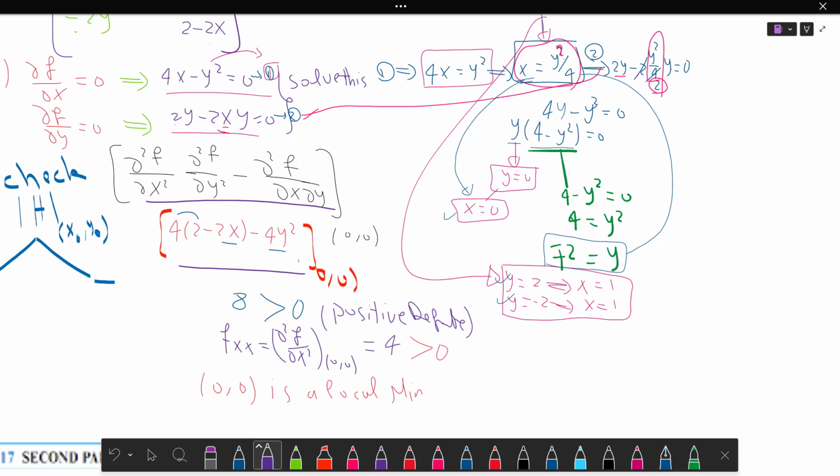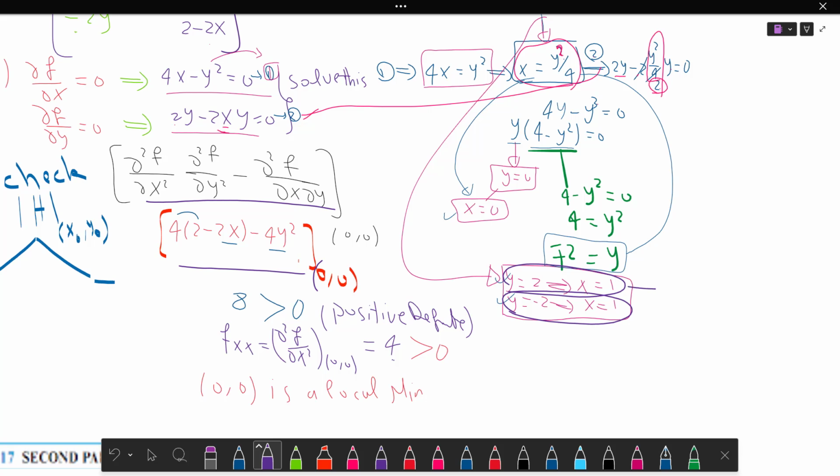Instead of 0 and 0, you take x equal to 1 and y equal to 2 once, and the second time you check this one, because you guarantee the second derivative is positive. But I would like to check whether the Hessian Jacobian is positive definite or negative definite.